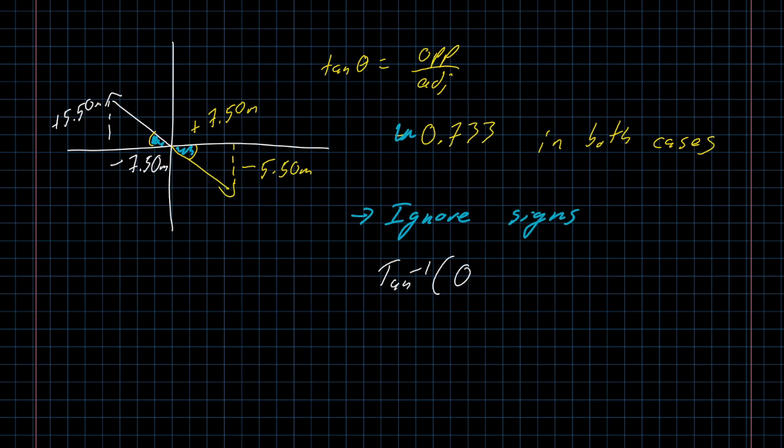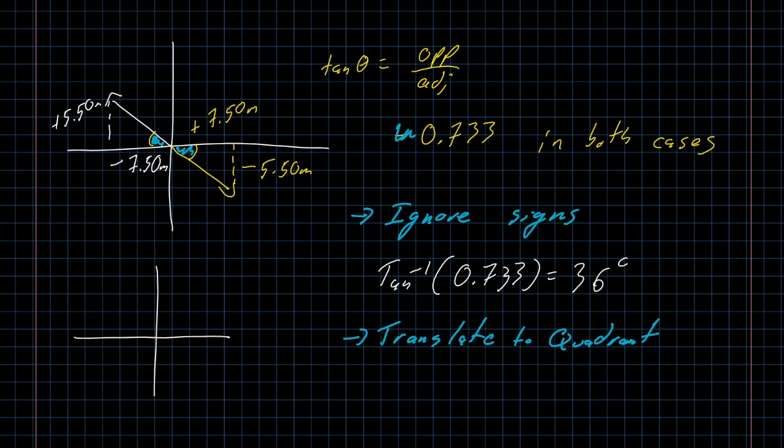The inverse tangent of 0.733, my calculator tells me, is about 36 degrees. Then I want to take that 36-degree angle and translate it to the appropriate quadrant.